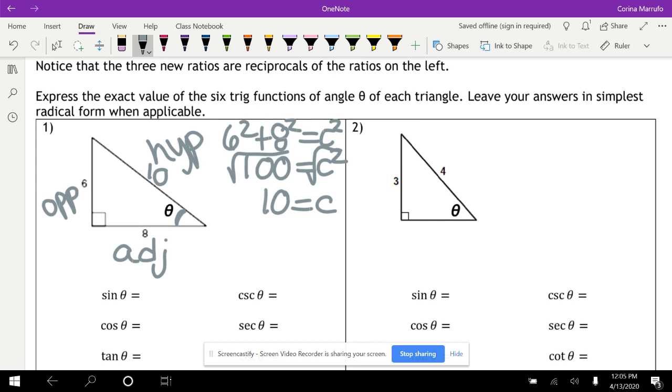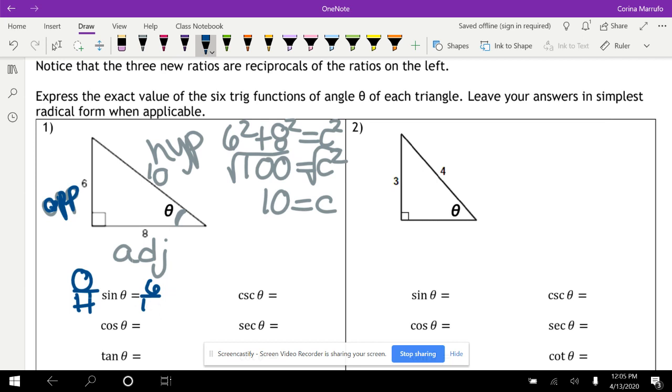So first is going to be sine, and I'm going to write it off here to the side. Sine is opposite over your hypotenuse. And so in this case, our opposite is the 6. So I'm going to write 6 over 10.